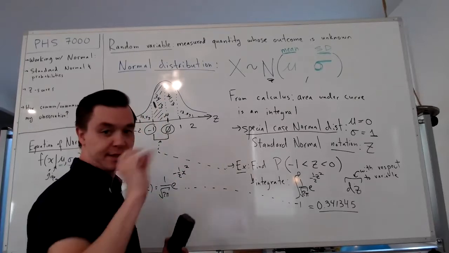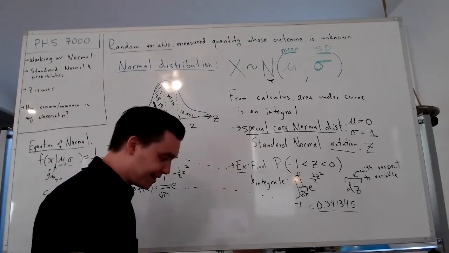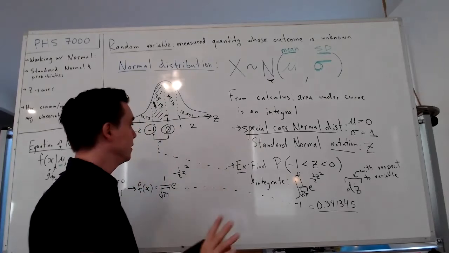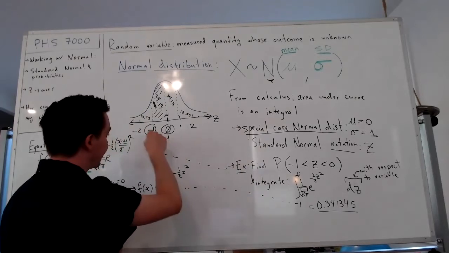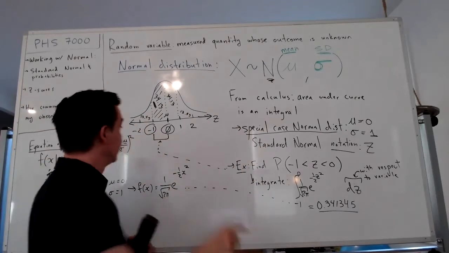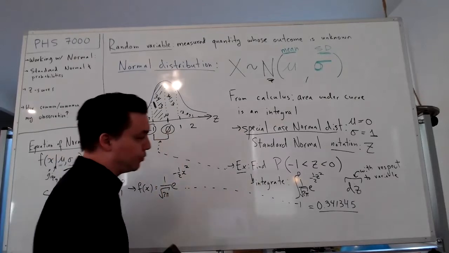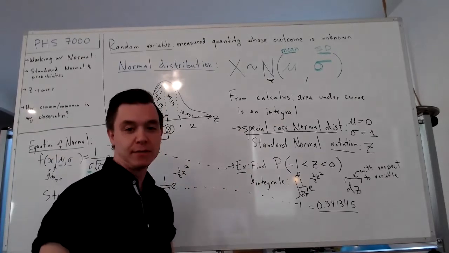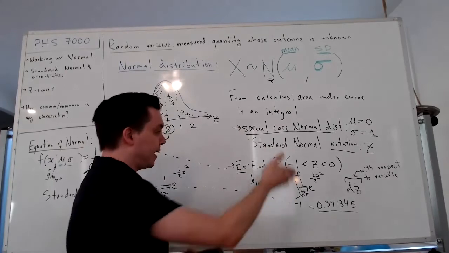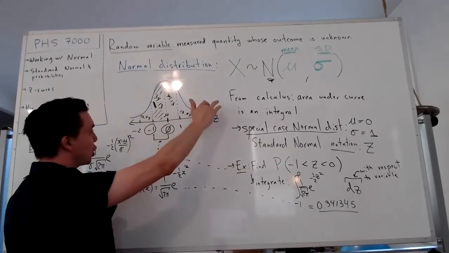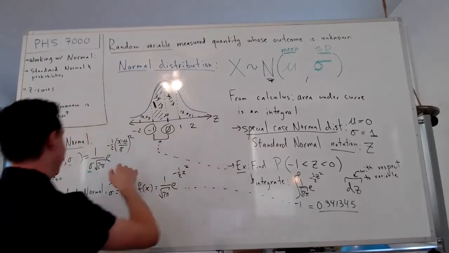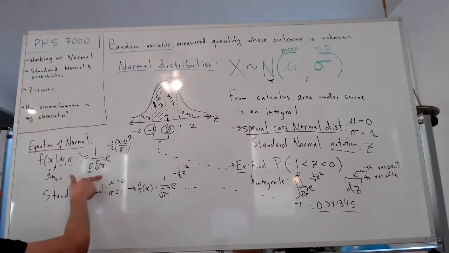For the standard normal, it's 0 and 1, but you can apply it to any distribution, not necessarily with a mean 0 or standard deviation of 1. And then you will go between -1 and 0, and you will find that number as well. But again, I want to show you how you would do this mathematically. This curve has an equation. This is the equation in general.